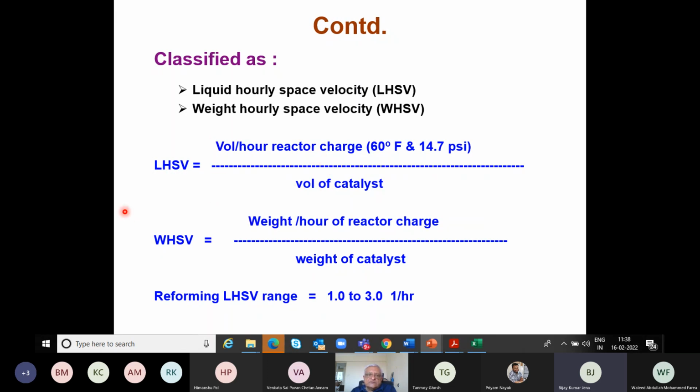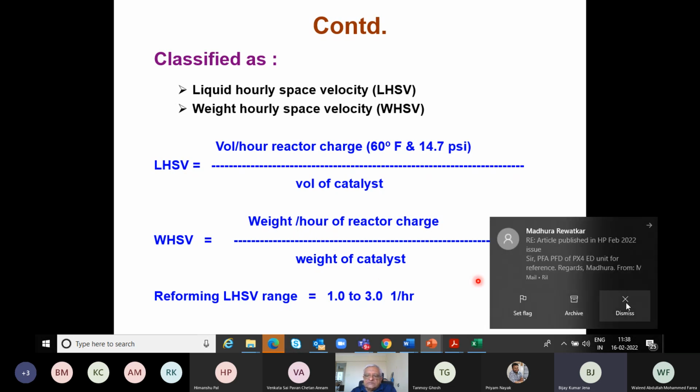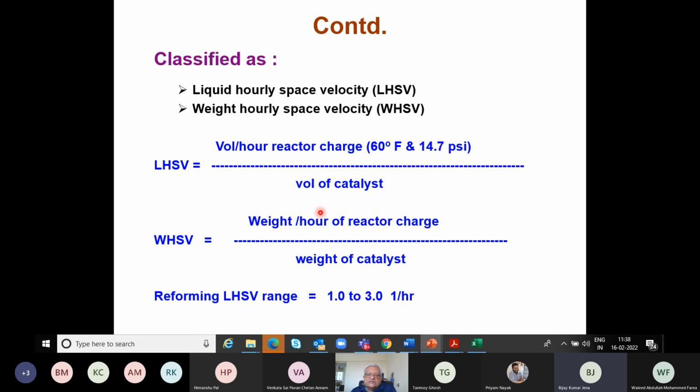The other definition of space velocity is the weight hourly space velocity, which is nothing but the feed in terms of kg per hour upon the total weight of the catalyst in kg. So this is 1/hour again. Generally we operate these reformers in the range of 1 to 3 LHSV.